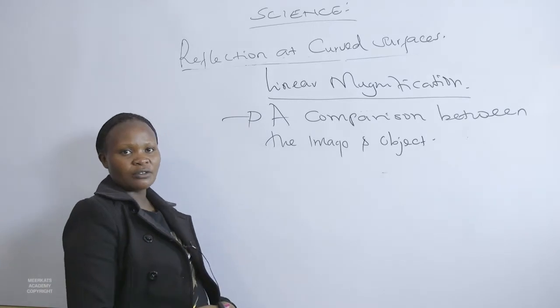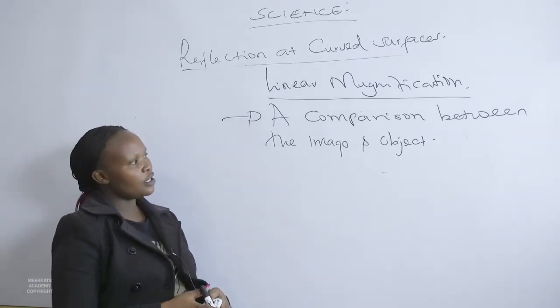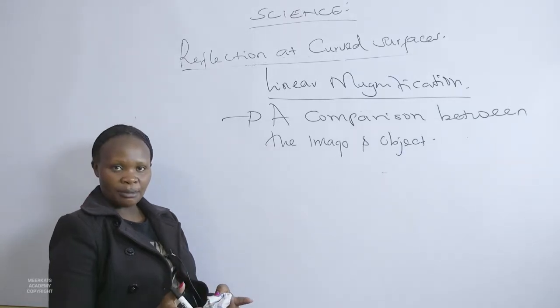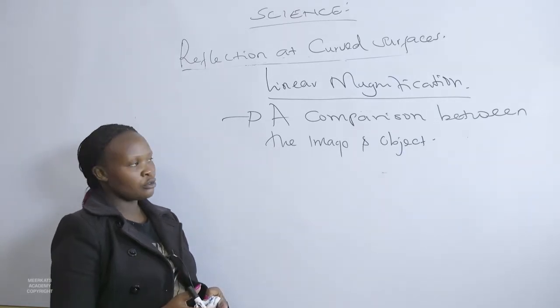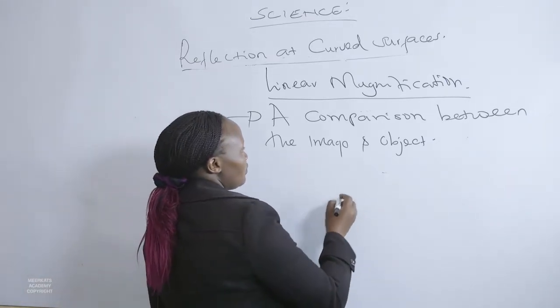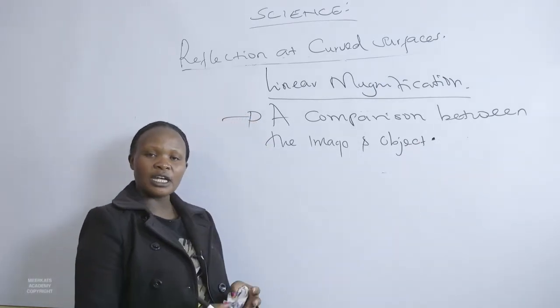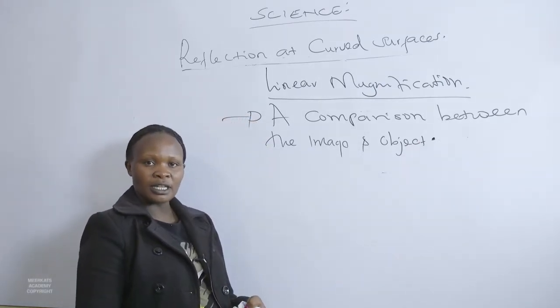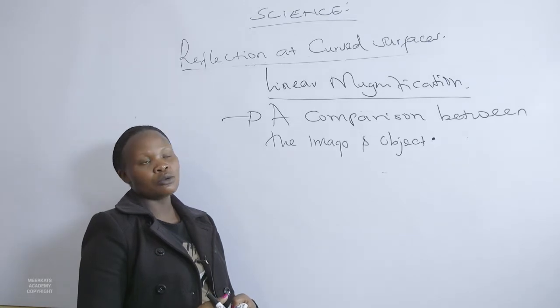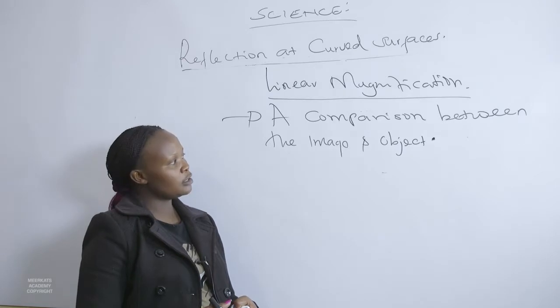Now, at the beginning of the lesson, we agreed that we are reflecting light for us to form some image of the object that we are trying to observe. Now, of course, your reflecting surface is smaller even than the object, but nevertheless, your object is going to have its image formed on the reflecting surface.